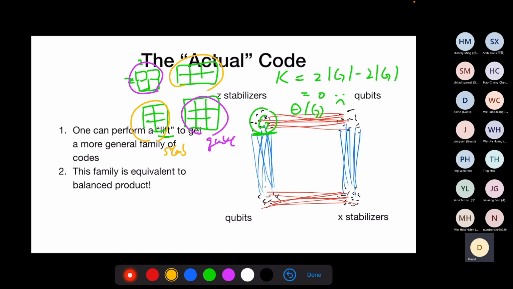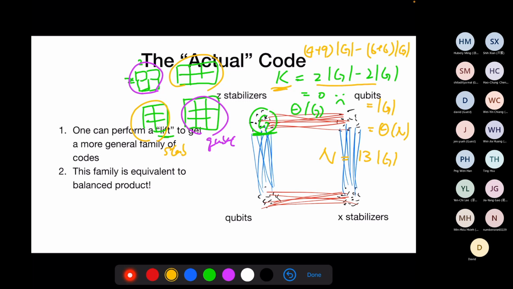Then using this naive computation, it will be 4 plus 9 qubits minus 6 plus 6 constraints, or stabilizers. Overall, you find that it equals G, and we can show that it's proportional to N, because N is the number of qubits. In this case, it's 13G. So you can achieve finite constant rate by taking a lift.